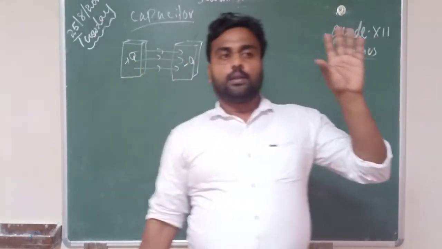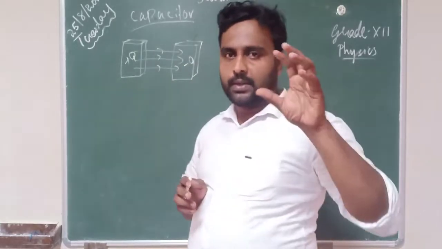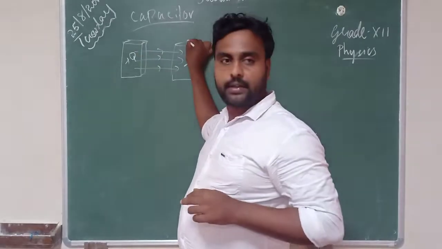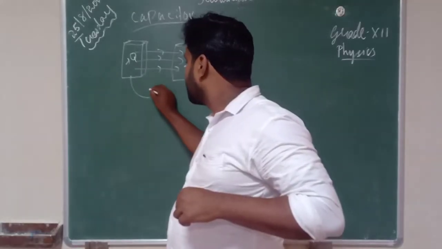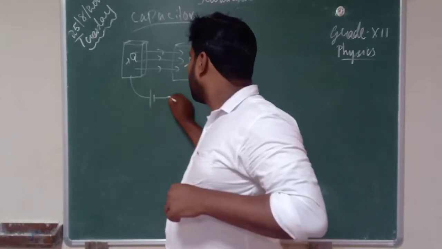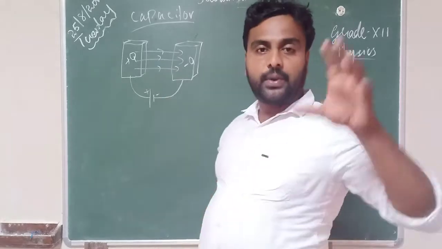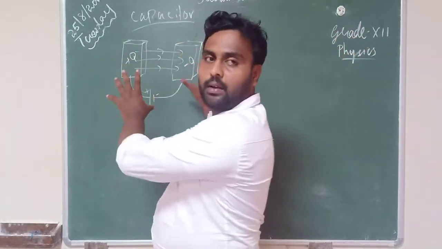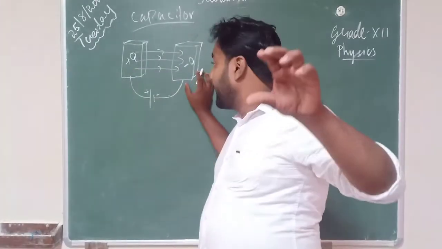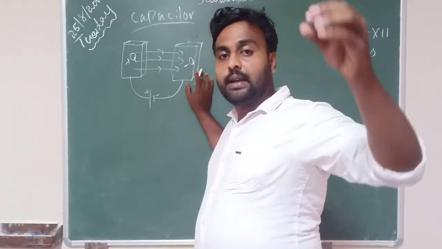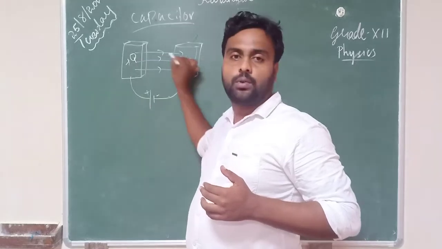So, this is how a capacitor is constructed. This capacitor consists of two metal plates. When we connect a battery terminal like this, positive, negative, to this parallel plate capacitor, these two parallel plates, what will happen is the electrons are transferred from one plate to another plate.